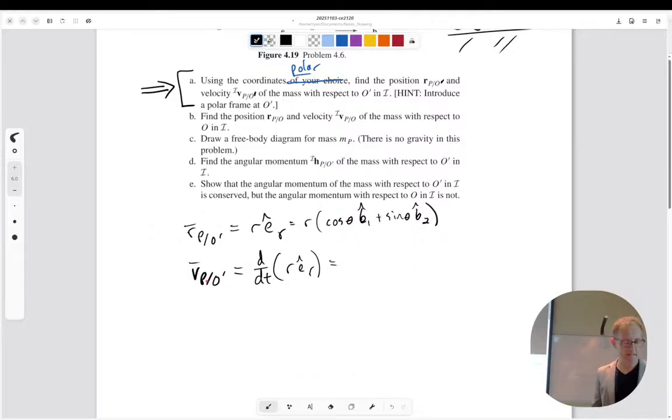Yeah, dr dt. So we have an r dot in that E_R. And then what about E_R? Is that one changing, or is it a constant unit vector? It is pivoting, right? So it's definitely changing direction. So there's got to be a derivative.